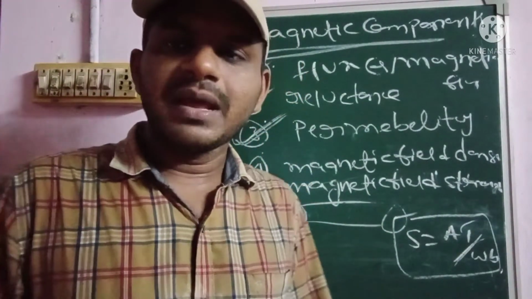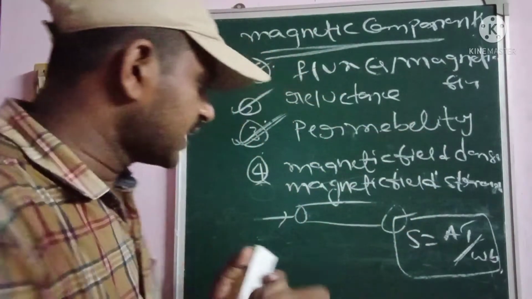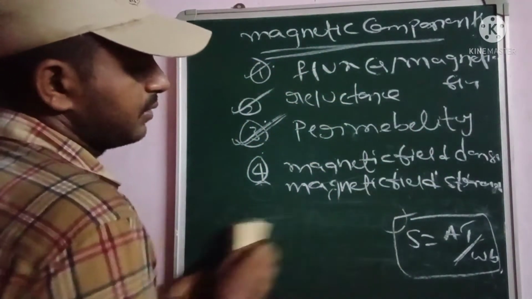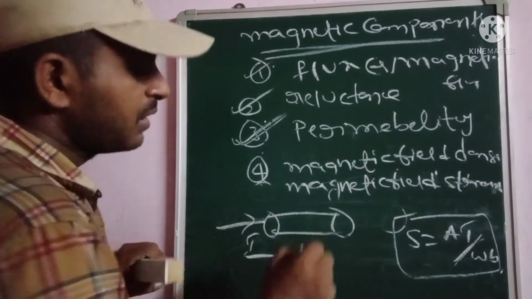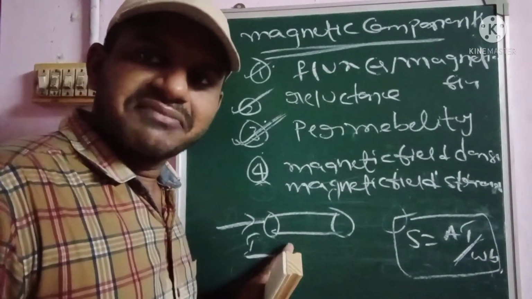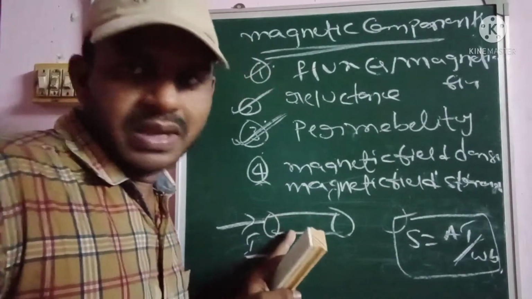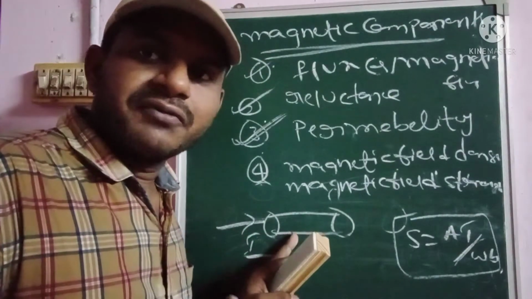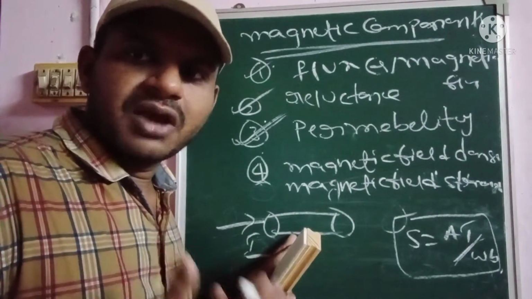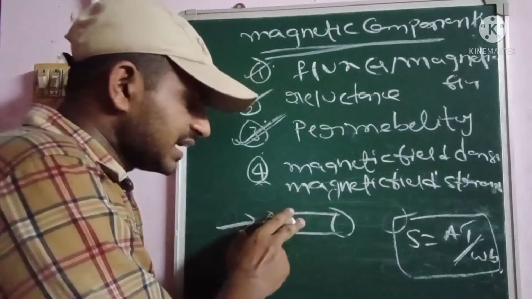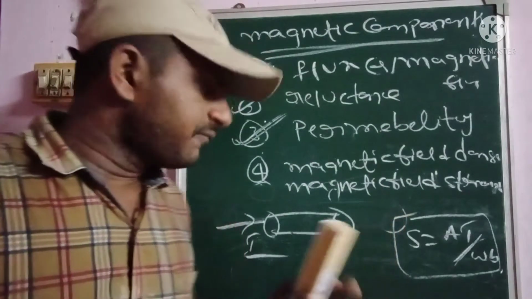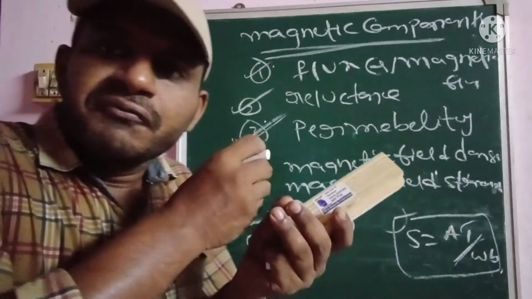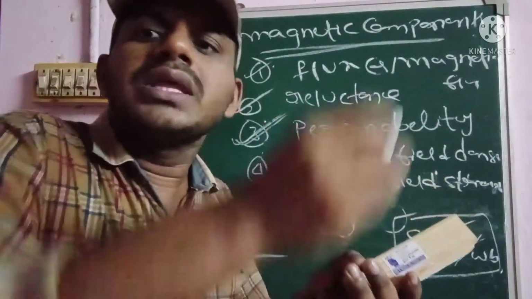Coming to the permeability, first of all let us take one conductor. Whenever supply is given to the conductor, then some flux will exist according to the property of the magnetic material. Whenever the flux exists, it flows freely throughout the entire conductor.